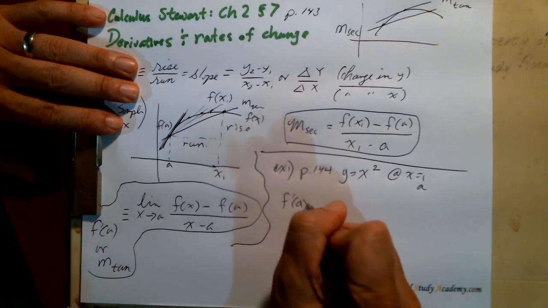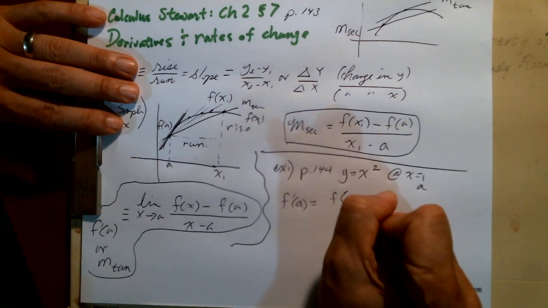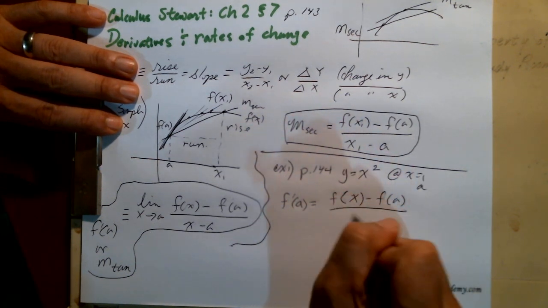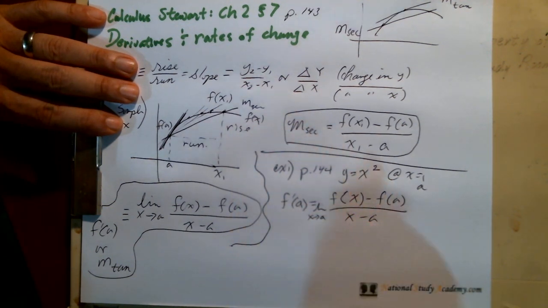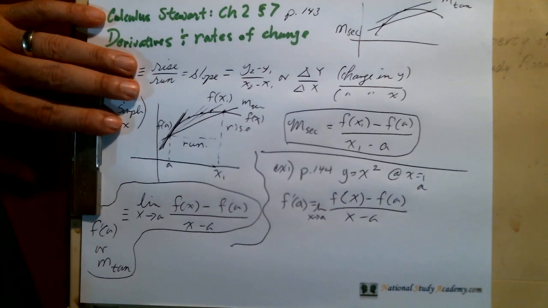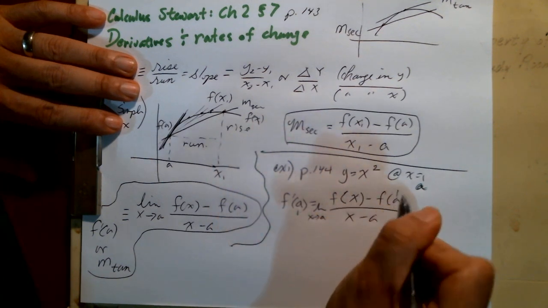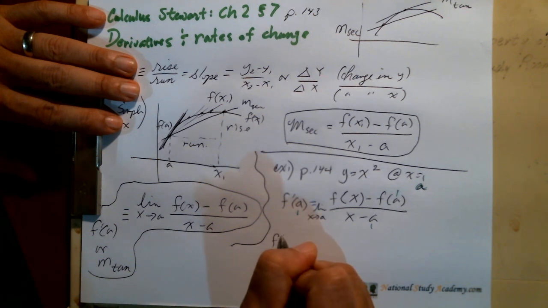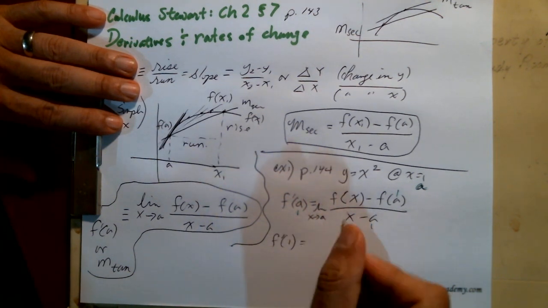F prime of a, by definition, is the limit as x approaches a of f of x minus f of a all over x minus a. And so what we're going to do is we're just going to plug in 1, since our a value was 1 right here. We'll plug in 1 in here, 1 in here, and 1 in here. So f prime, the derivative at 1, x value equals 1. That's how you kind of read that.